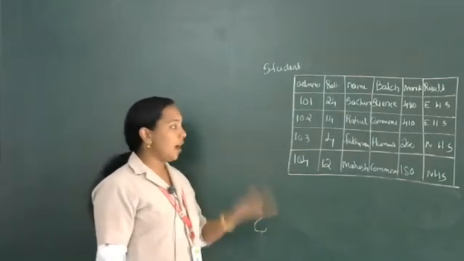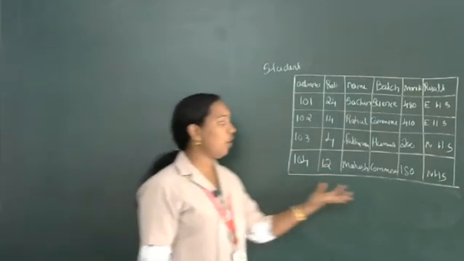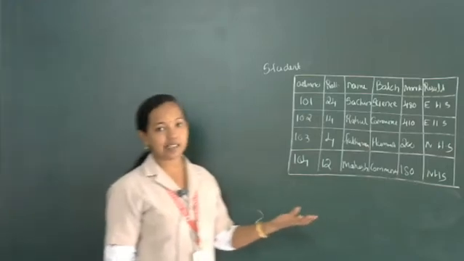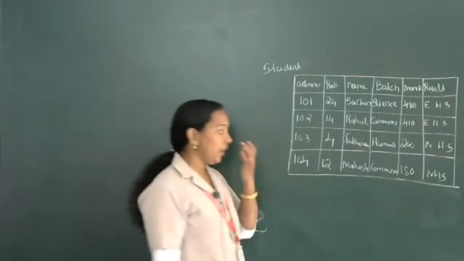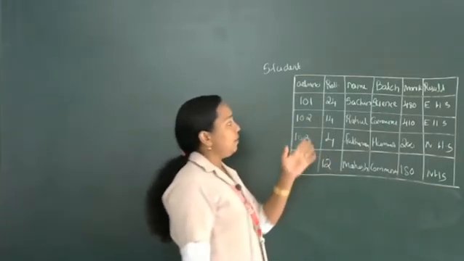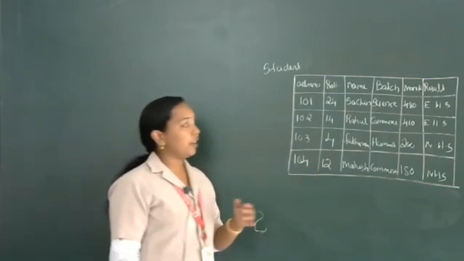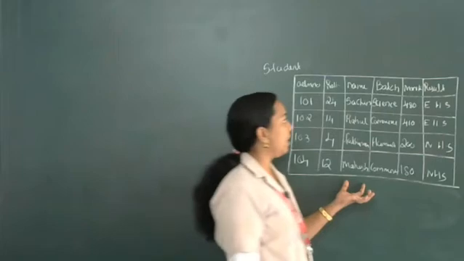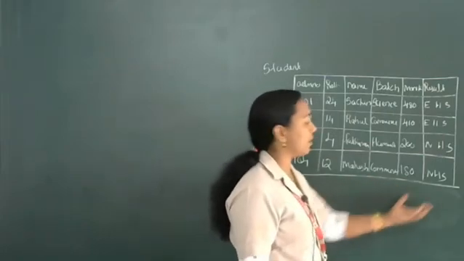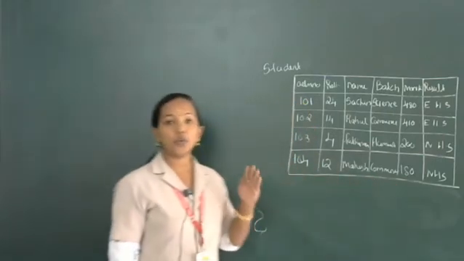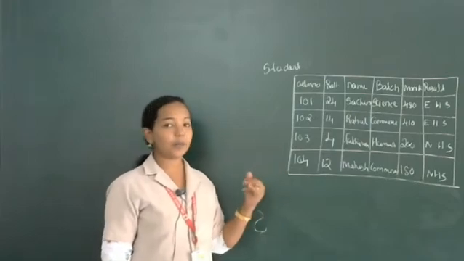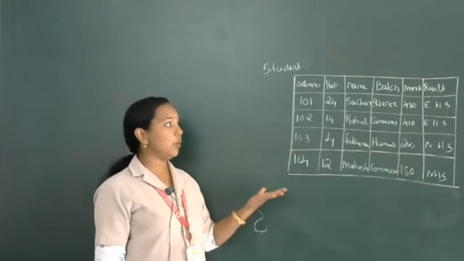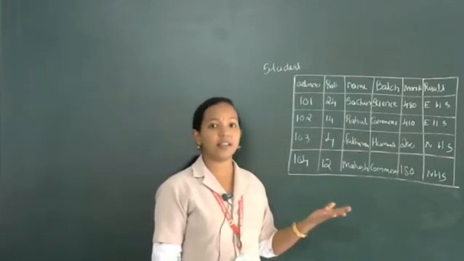Then suppose I want to access any of these rows. How will I access it? Look at the different fields of this table: admission number, roll number, name of the student, batch, mark, result. Suppose I want to access some tuple from this relation, then I can't use something like batch is equal to science.